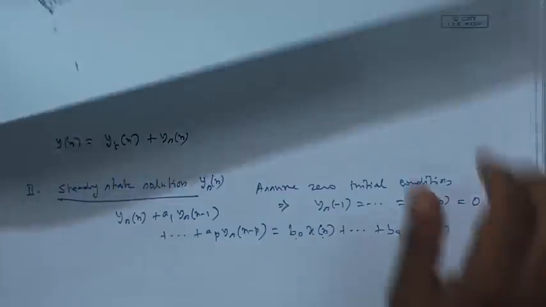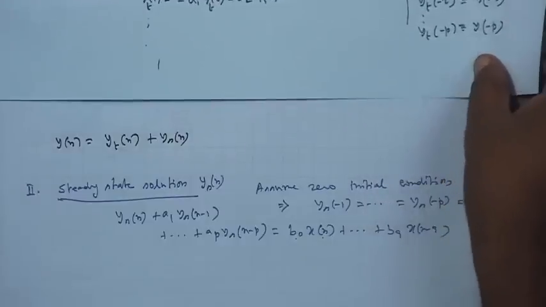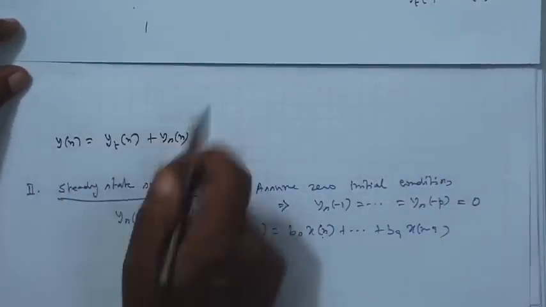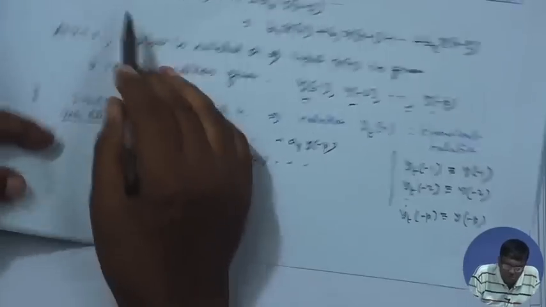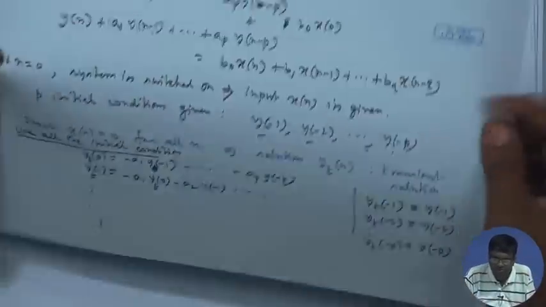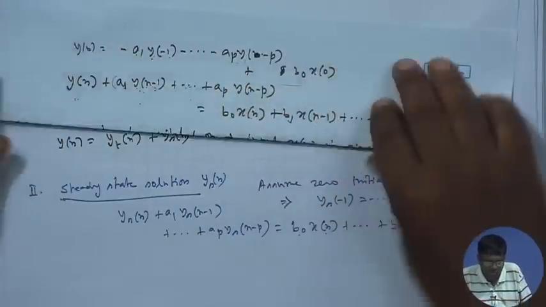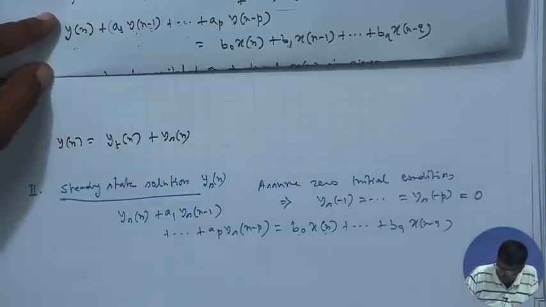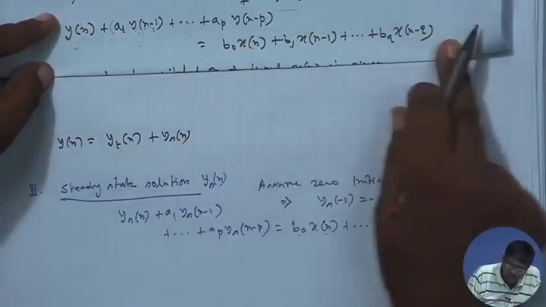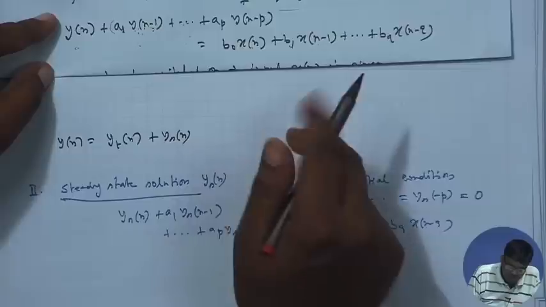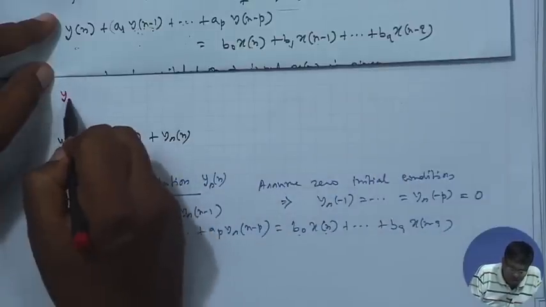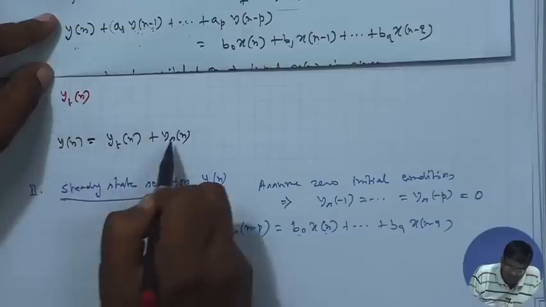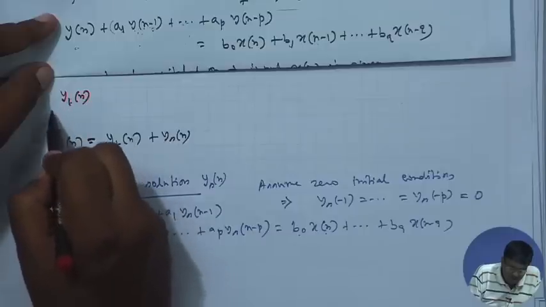We will see easily how. If I put this y n back on the left hand side, does it satisfy the right hand side? That is the question. So y n means y t n plus y s n.